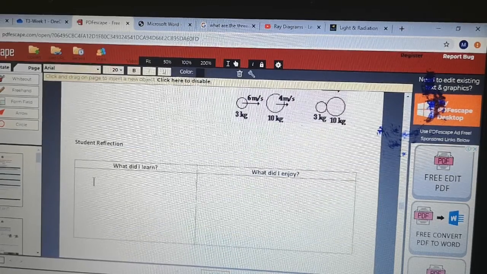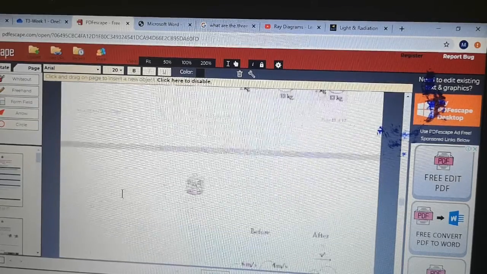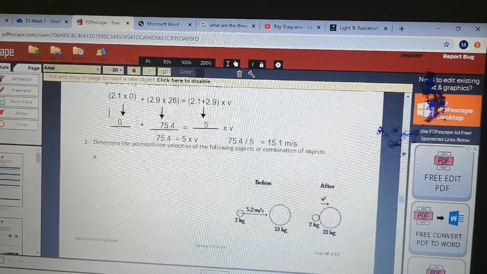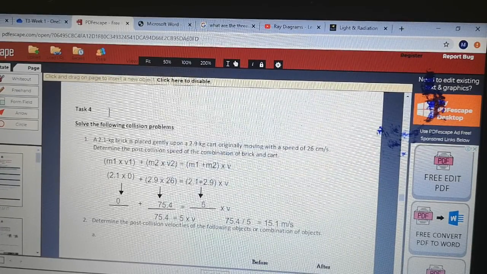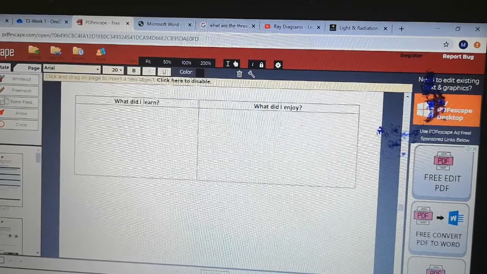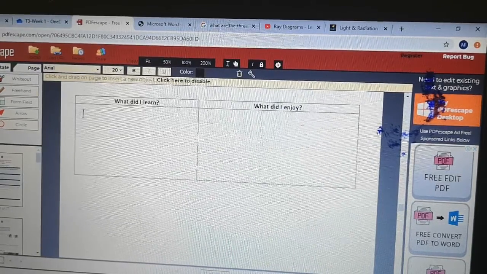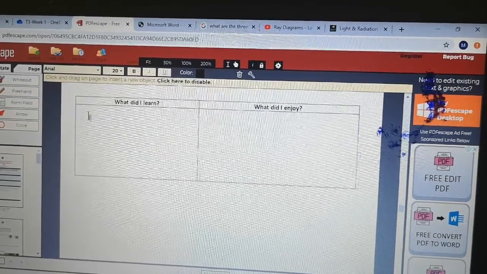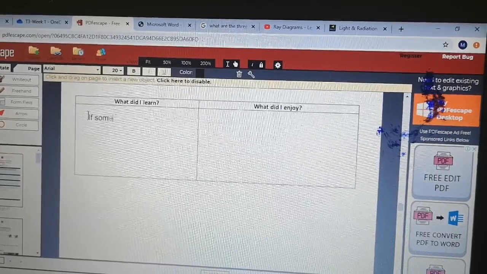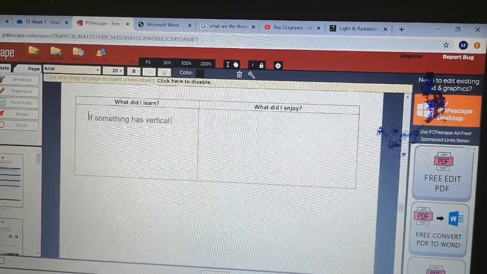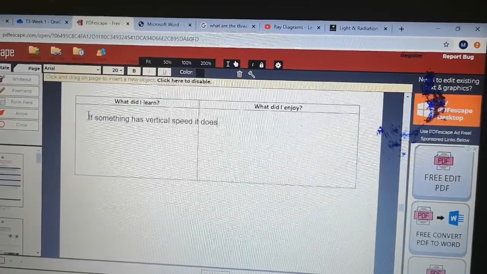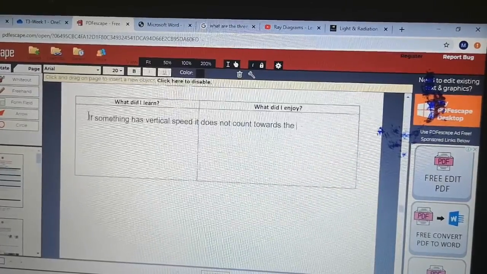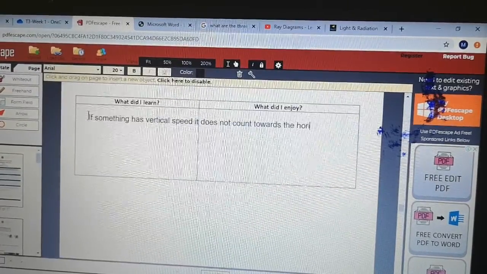What did we learn though? Well, really, we were just practicing the same thing. I don't think there was much new today. If anything, one thing that was a little bit strange about that question: if something has vertical speed, it does not count towards the horizontal collision.